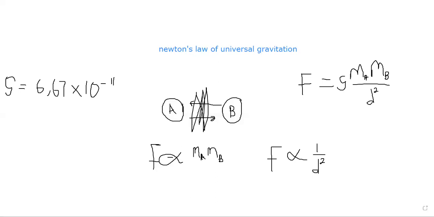And the units for our gravitational constant are meter cubed multiplied by kilogram per second squared.